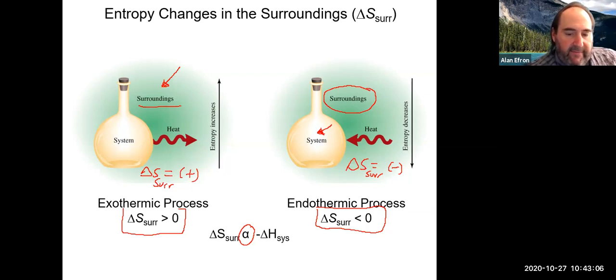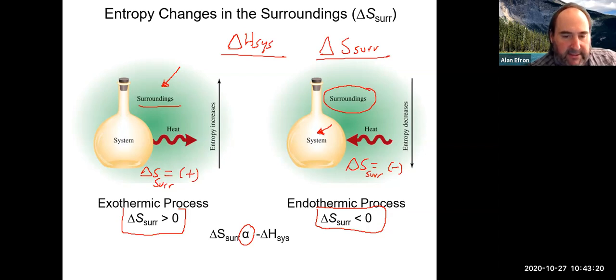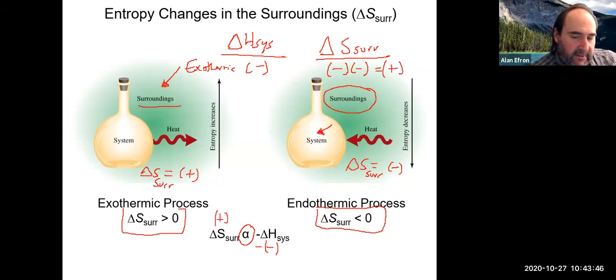If I have my delta H of the system, or the reaction, and my delta S of the surroundings, since delta H of the system in an exothermic process would be negative, that negative would give us a positive delta S of the surroundings. Again, my delta H here would be negative in this sense, and that turns into a positive for our delta S of the surroundings.